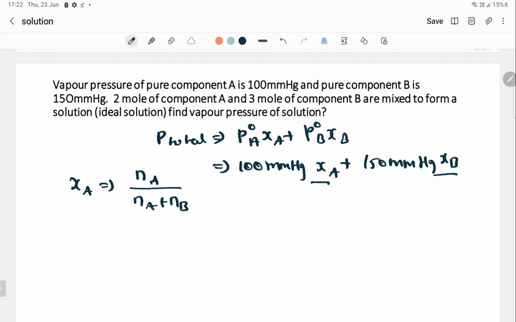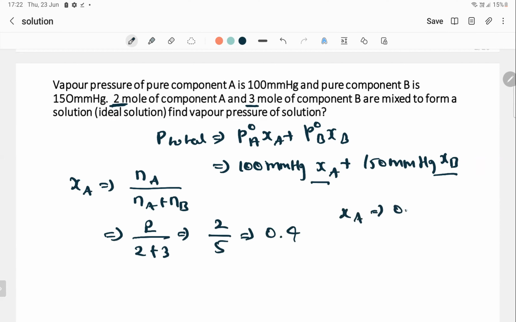That is the number of moles of solute divided by the number of moles of solute plus the number of moles of solvent. So here they have openly disclosed 2 moles of component A, 3 moles of component B. So 2 divided by 2 plus 3, which is 2 by 5, is equal to 0.4. So XA is equal to 0.4 means XB is equal to 1 minus 0.4, that is 0.6.